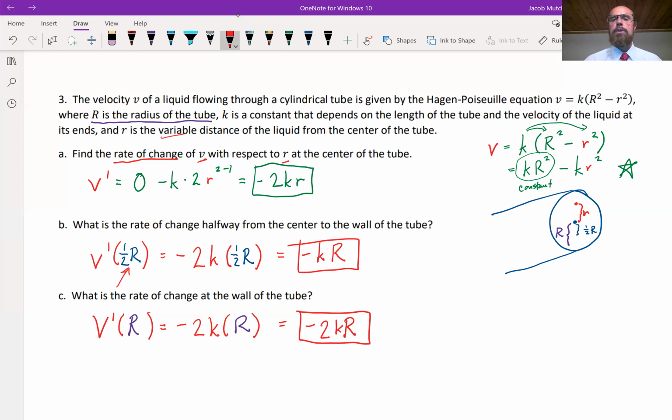In one instance, we were watching water escaping from a pool. And on this third example, considering liquid moving through a cylindrical tube. So although we have kind of a single concept for derivative, its applications are manifold.